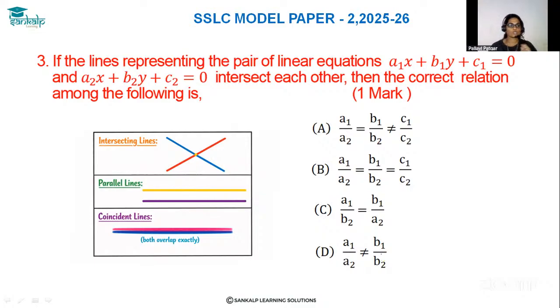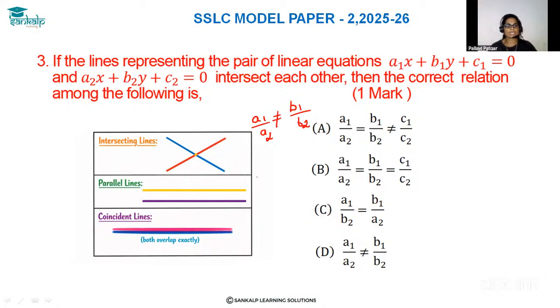So here, in a pair of linear equations, we observe three graphs: intersecting lines, parallel lines, and coincident lines. If the lines are intersecting, then the ratio of their corresponding coefficients is a1 by a2 is not equal to b1 by b2.